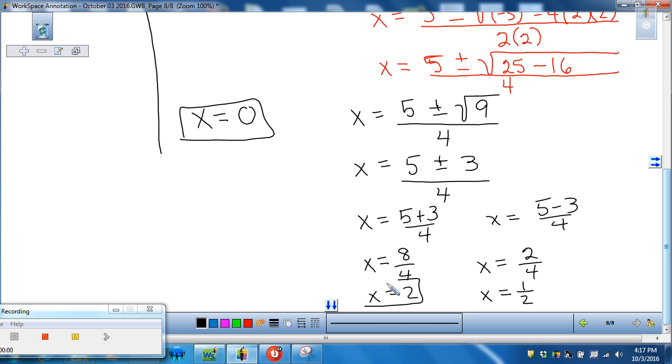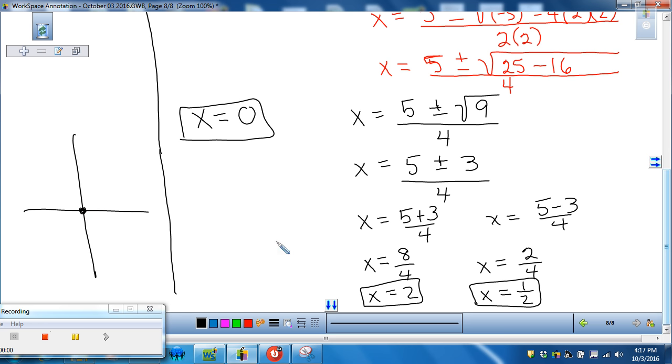If you graphed this, you would have a 0 at 0, you would have another 0 at 2, and you would have a third one at 1/2. And so this thing is crossing the x-axis 3 times.